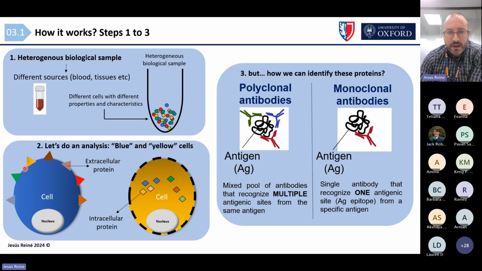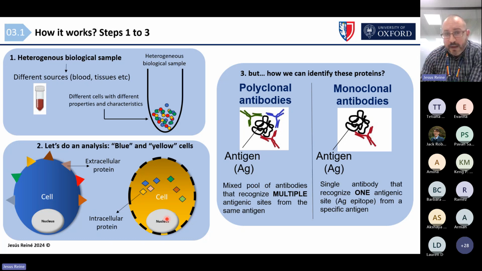Every protein, which is different, has a different color. Because all these proteins are expressed on the surface of the cell, we call these proteins extracellular proteins, okay? In contrast, if we have the proteins inside of the cell, in the yellow one, the proteins are located in the cytoplasm, but they can also be located in the nucleus.